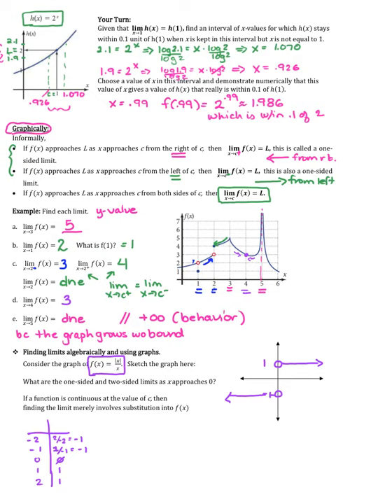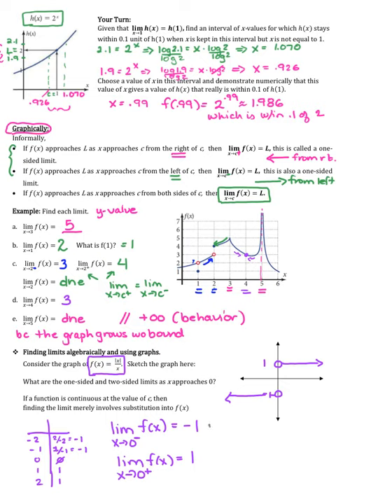What are the one-sided and two-sided limits as x approaches 0? So the limit as x approaches 0 from the left, that's from the negative side, that limit is going to be a -1. The limit as x approaches 0 from the right, from the positive side, that limit is going to be a +1.